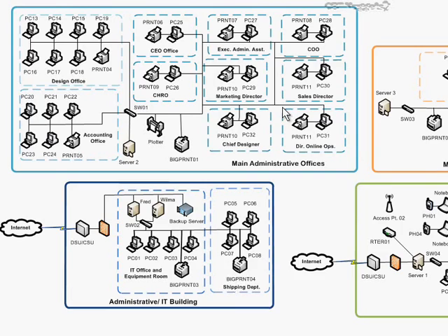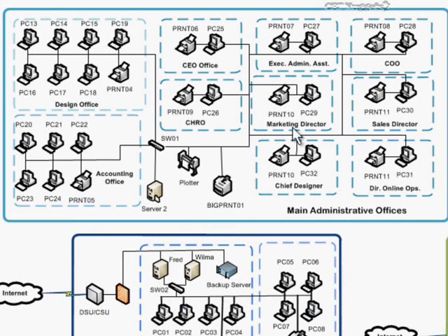What you're seeing first in the main administrative offices are partitions or departments. Any network administrator who's tasked with building out a local area network needs to think of things like organization. Are we going to partition the office on the basis of job function? Are we going to do it on the basis of department? It looks like in this case it's a little bit of both.